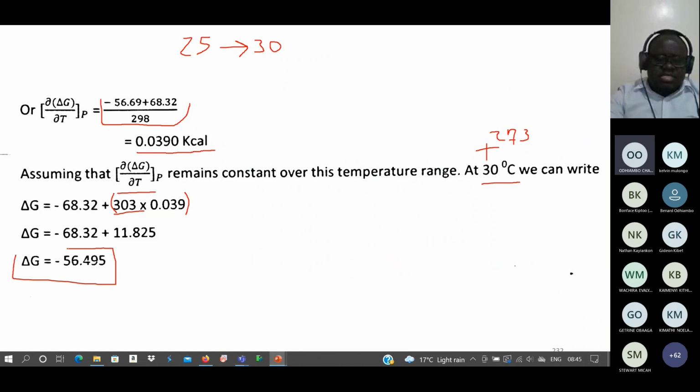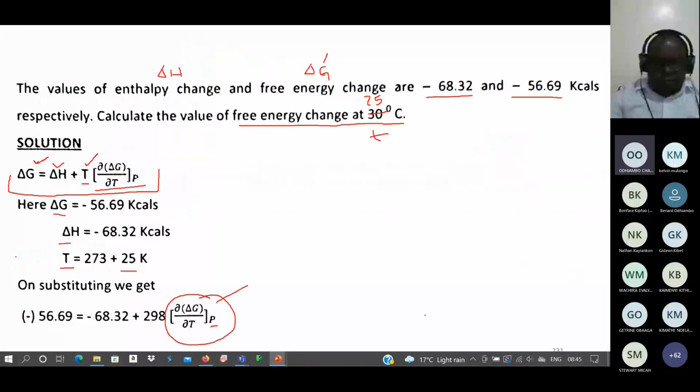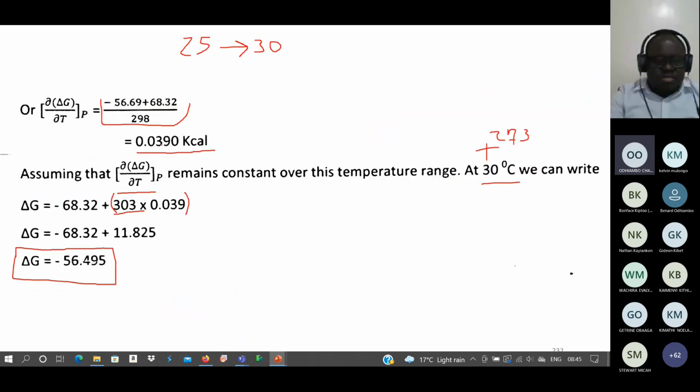Notice that this value is not so different from this one here. It was minus 56.69 kilocalories. This one is minus 56.495.